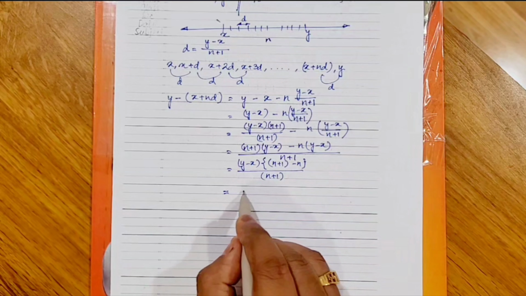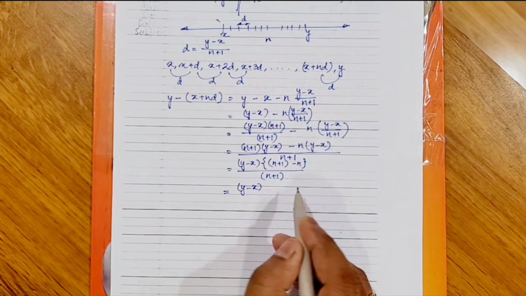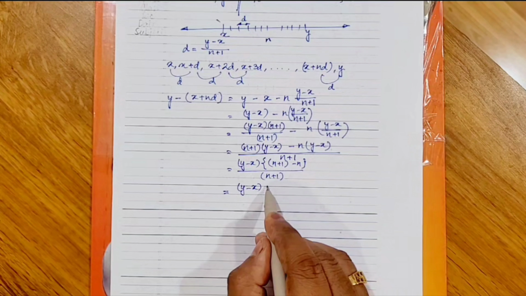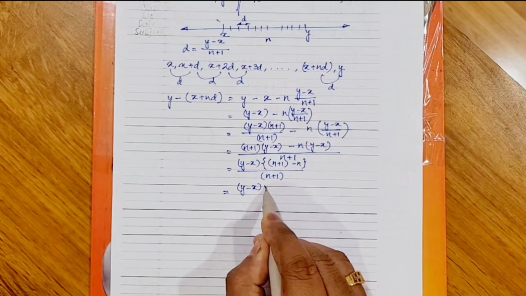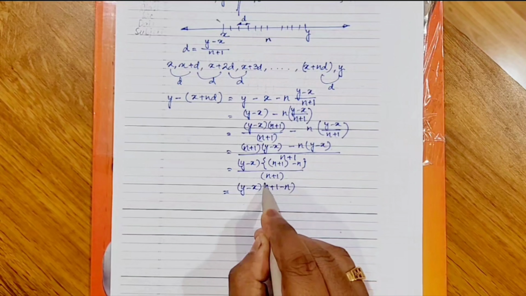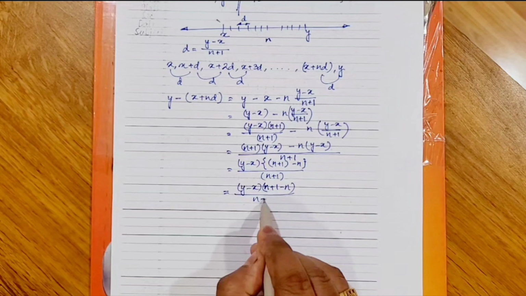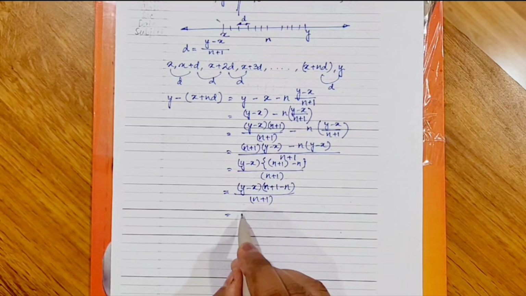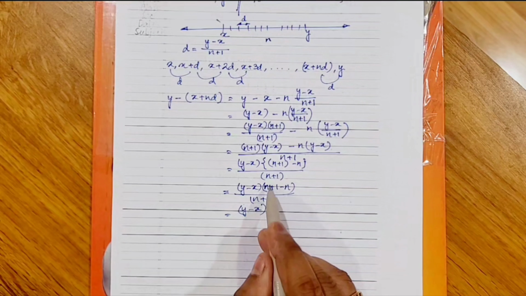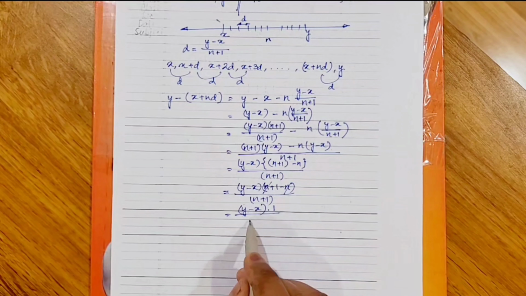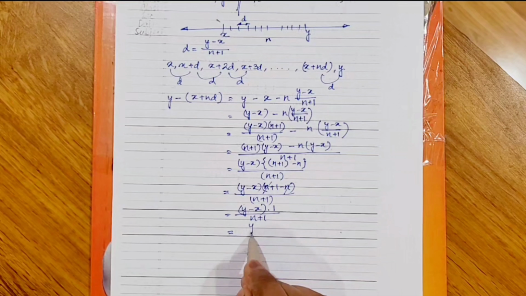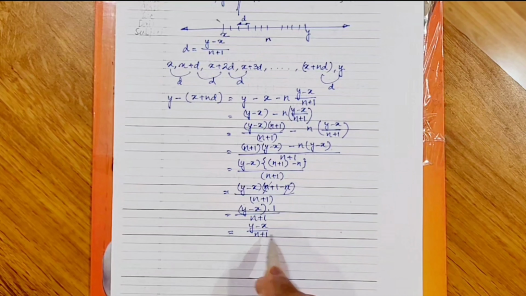Going forward, y minus x stays as is, and n plus 1 minus n is 1, because both the n's cancel out, so it is (y minus x) into 1, divided by n plus 1, which is (y minus x) by (n plus 1).